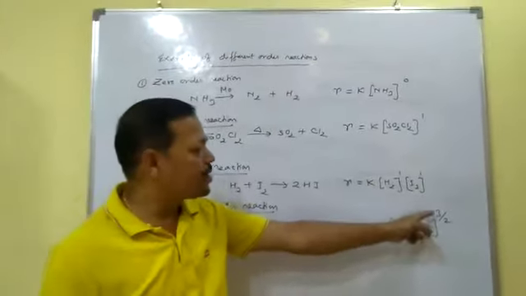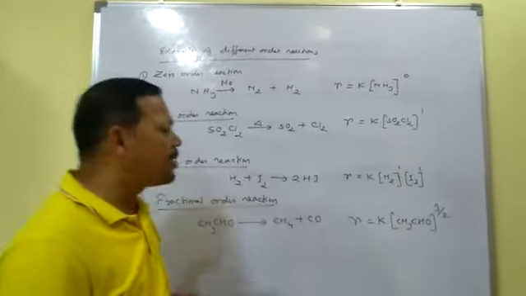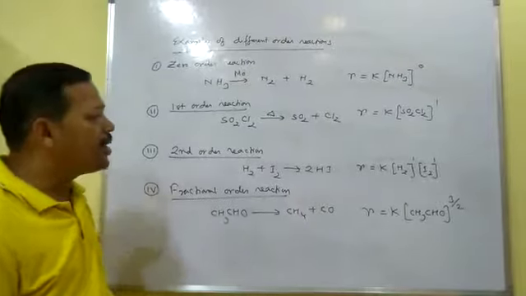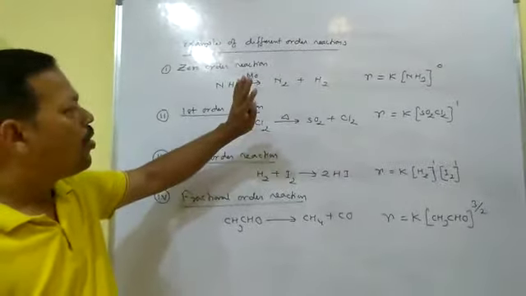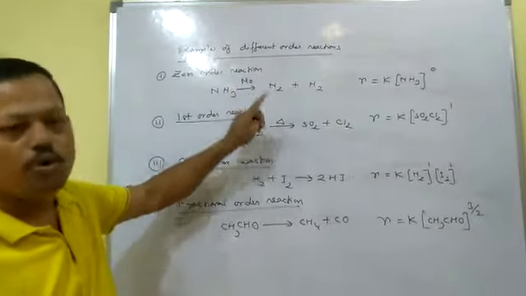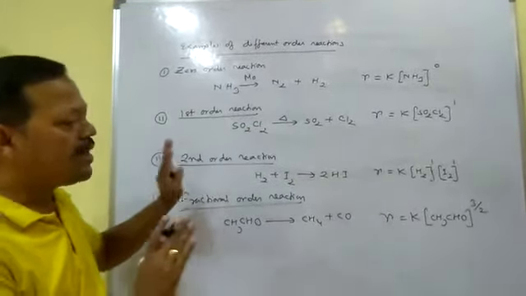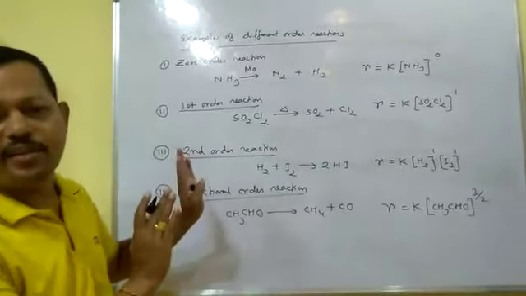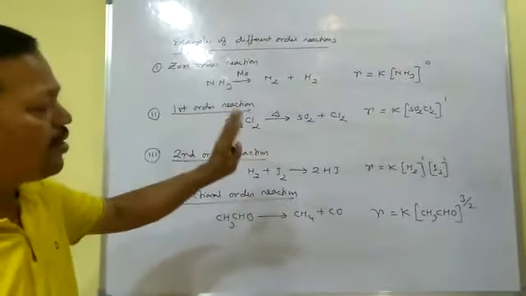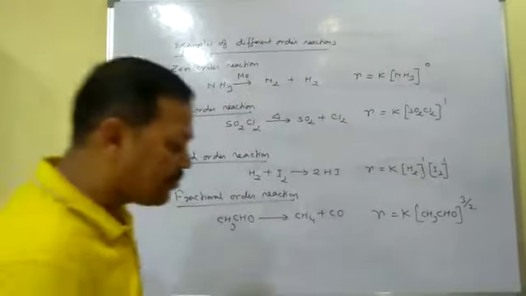So your power is a fraction. That's why this is one example of fractional order reaction. So like this way you will get different types of order of reaction, and you should know one example. And these reactions are given experimentally.